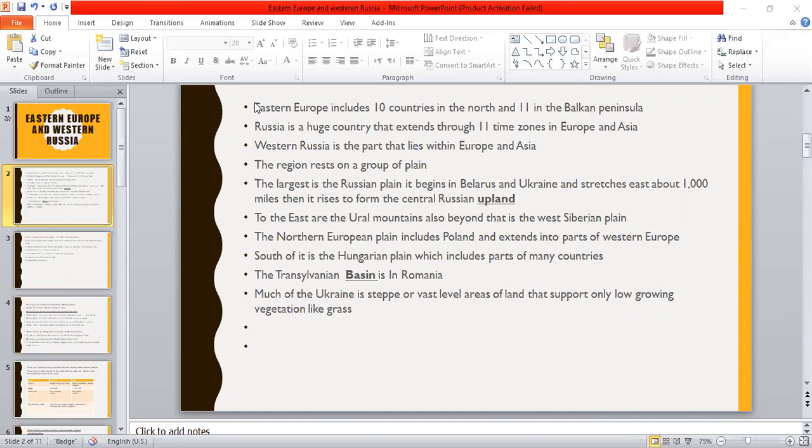Because of the mountains, the human settlements are isolated. So Balkanization has happened because of the mountainous nature of this area. This area originally has many mountains, which made the settlements isolated, which has resulted in cultural diversity. It's also a source of conflict among the ethnic groups, and this is known as Balkanization.